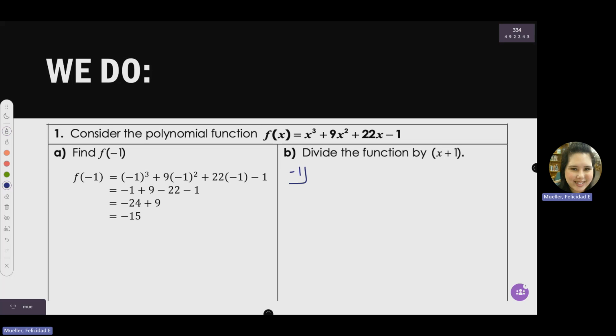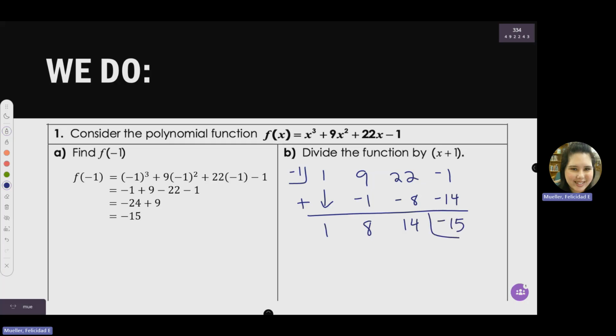And we would do 1, 9, 22, -1. Bring down the 1. 1 times -1 is -1. 9 minus 1 is 8. 1 times -8... -1 times 8 is -8, which would get me 22 minus 8, which is 14, times -1, so -14, which gets me -15 when we add.